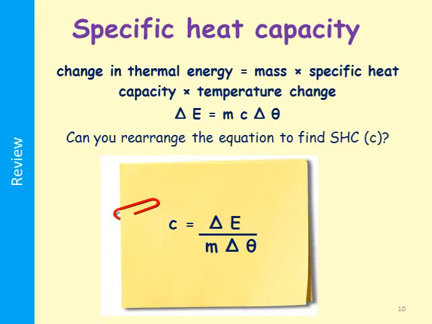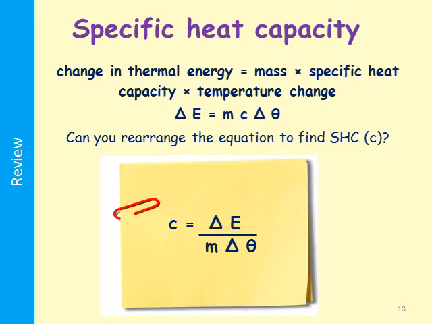Okay, so here is the equation rearranged. So how did we get from here to here? Basically, you need to get rid of mass and delta theta, temperature change. So you divide this side by mass and temperature change, but whatever you do to this side, you have to do the same to this side of the equation.